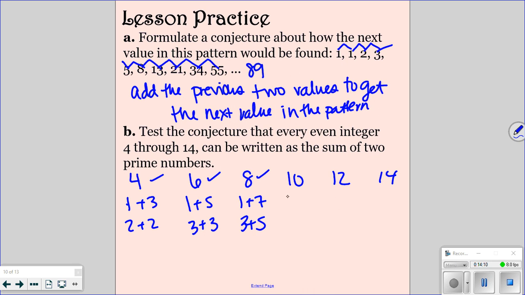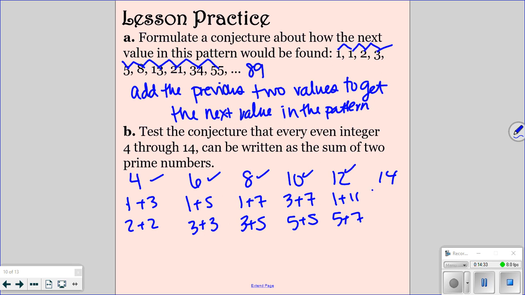For 10, you could do 3 plus 7 or 5 plus 5. So that one works. For 12, you could do 1 plus 11 or 5 plus 7. So that one works.